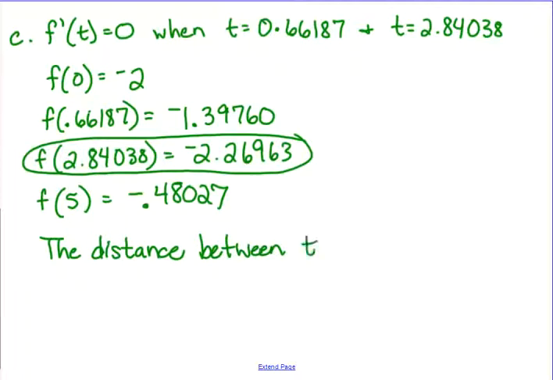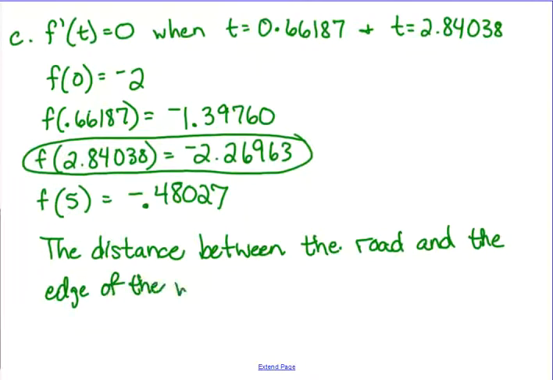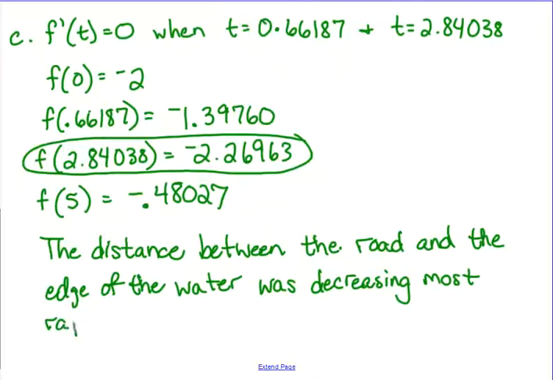The distance between the road and the edge of the water was decreasing most rapidly at time, you need to give the time, 2.840.